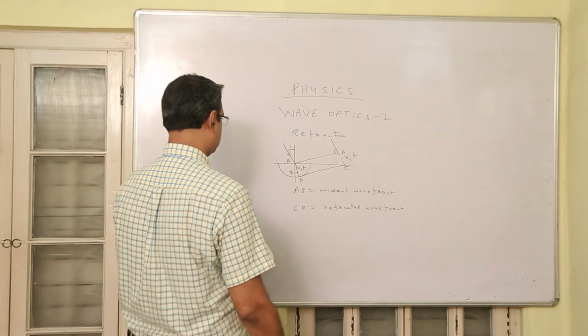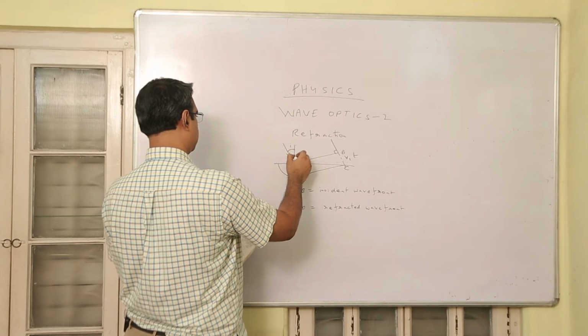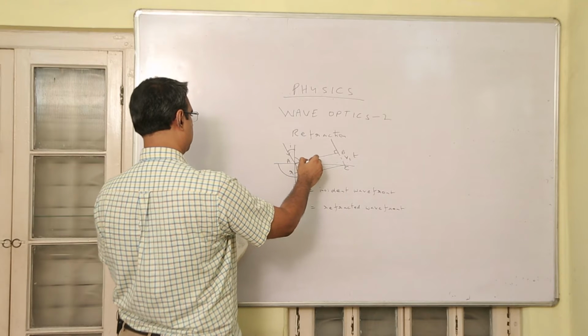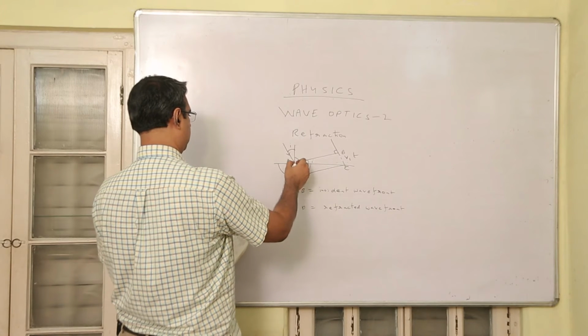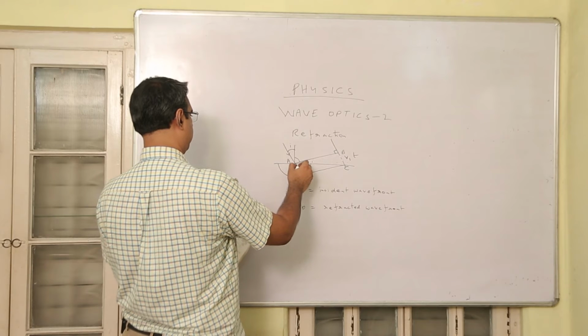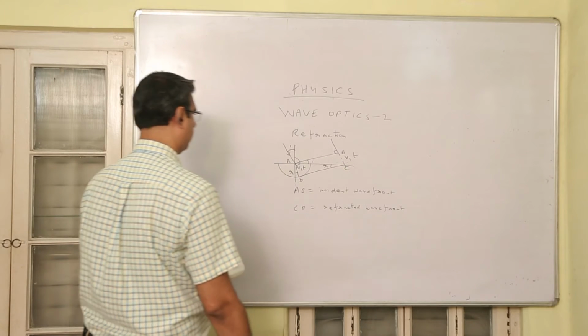Now this is the normal. So if this is the angle of incidence i, then this will be 90 minus i, so automatically this will be i. And again, because this is the normal, with angle of refraction r, this is 90 minus r, so this angle will be r.